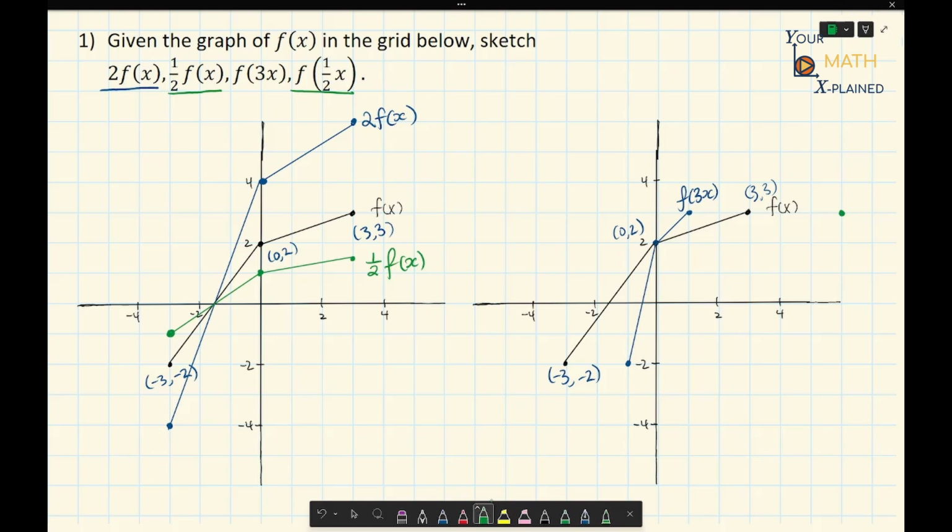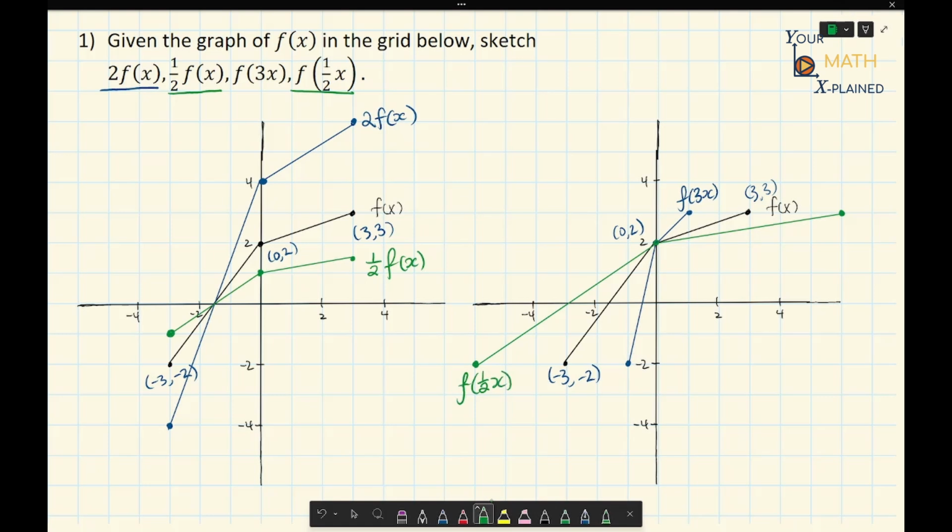Again, the 0 is still going to be 0. And then the (-3, -2) is going to be (-6, -2). So that means this graph is going to look like this. So let's label that. That is going to be our f of 1/2 x.